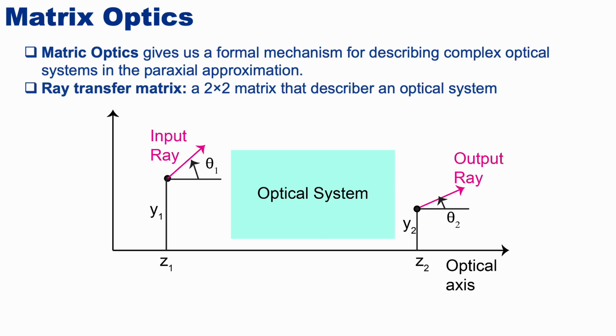So the whole idea is that you have an input ray with its corresponding height and angle passing through an optical system, and you're going to have the output rays. So my input ray is going to pass through an optical system that is going to be defined by a 2 by 2 matrix.